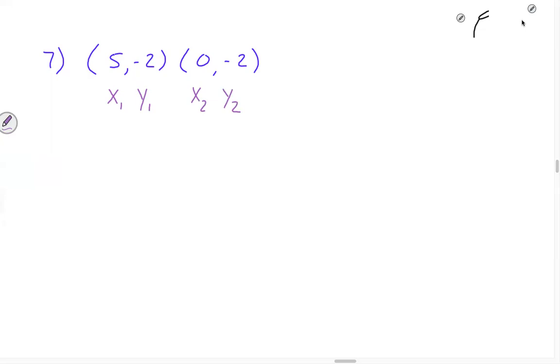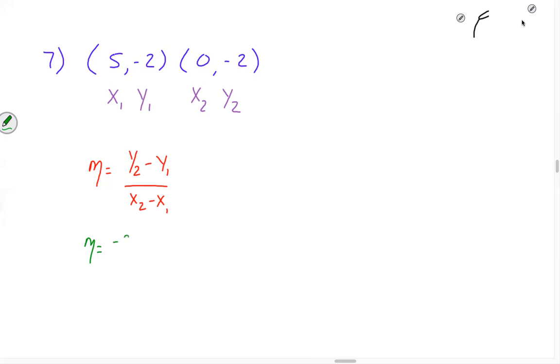Then what, Mr. Ferry? Yeah, I write my slope formula, which is, do you know? Perfect. Jordan, what's my next step? Substitute.